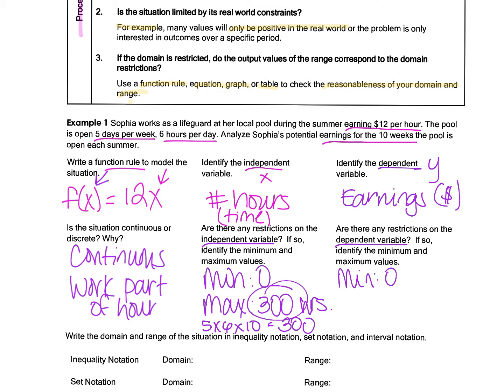So 300 we found, and she's earning $12 per hour. So if we did 300 times 12, that would give us $3,600. So the max amount she can make is $3,600. Okay, so you're having to think about the situation and then figure out your restrictions.